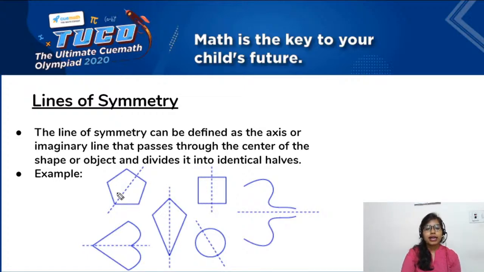Similarly, take two parts of a pentagon and try to overlap them, they should overlap. Or a kite, or a heart, a circle, and this curved shape. All of these are symmetrical in nature because the line of symmetry passes through the center of the object and divides it into two equal parts by shape, by size, by area, by rotation, by everything. I hope that's clear to all of you.